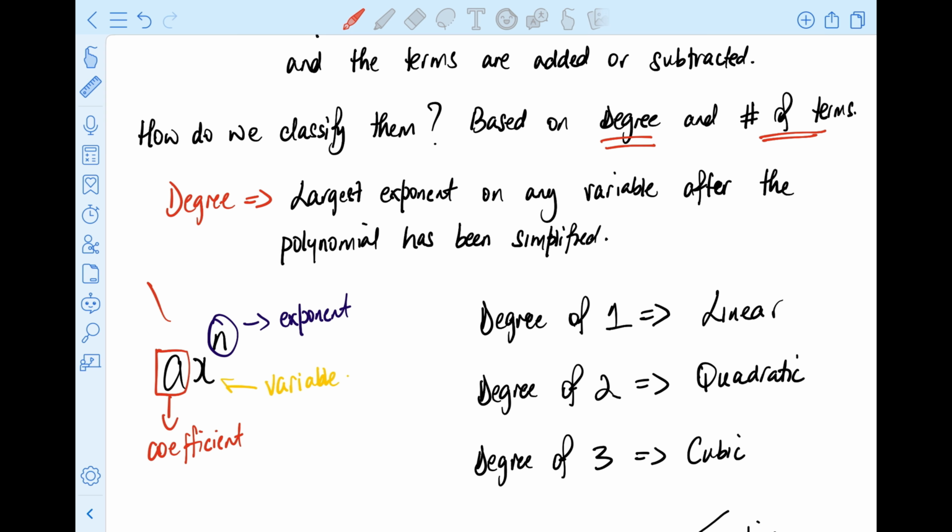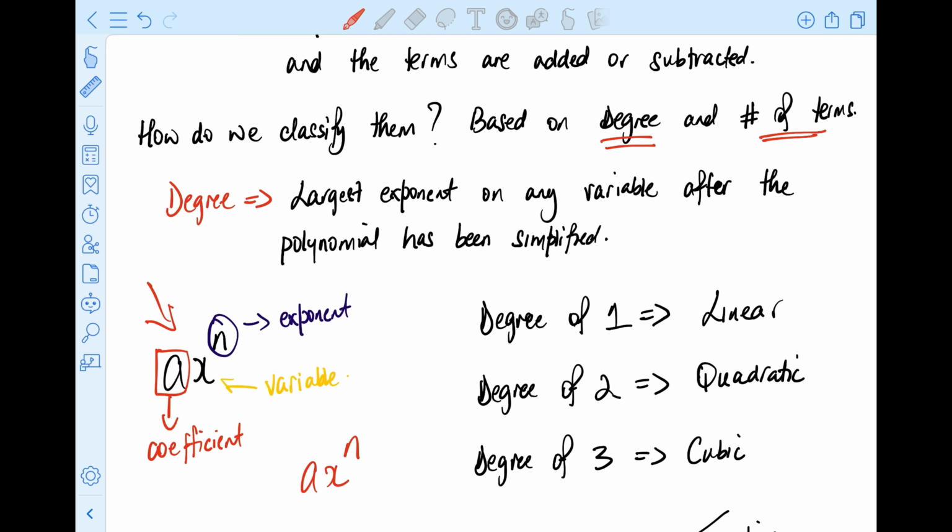What I have here is just a general example of what a mathematical term may look like, right? Ax to the n, where n is your exponent, x is your variable. Your variable could be x, y, z, a, b, c. It doesn't matter, right? As you know, a variable is just a letter or symbol used to represent an unknown quantity.